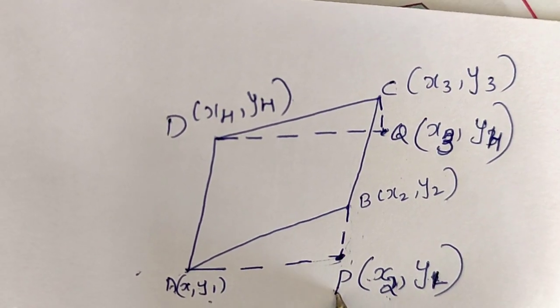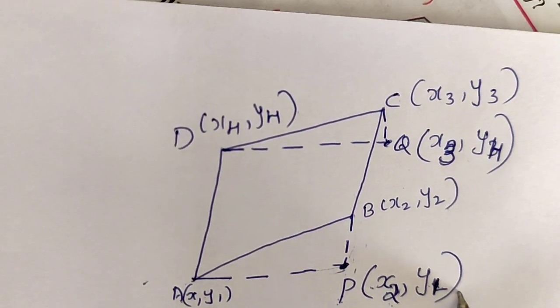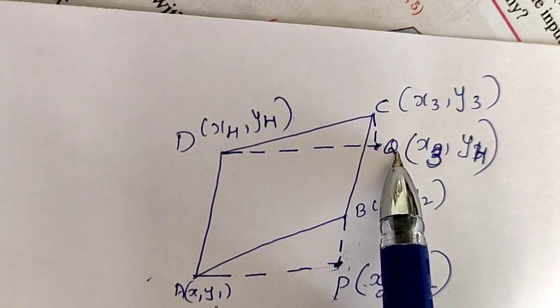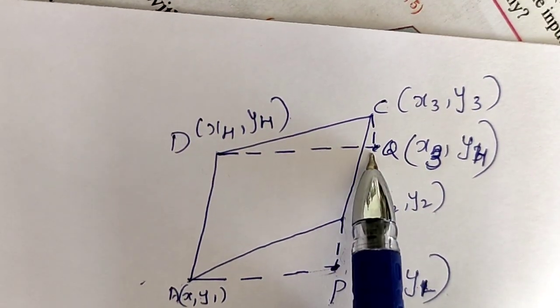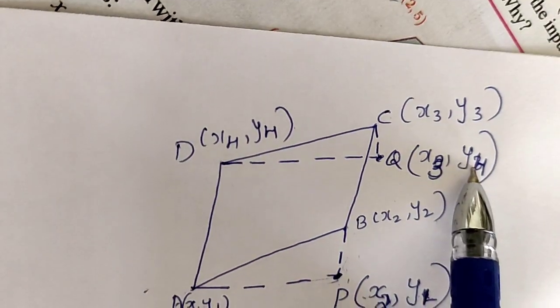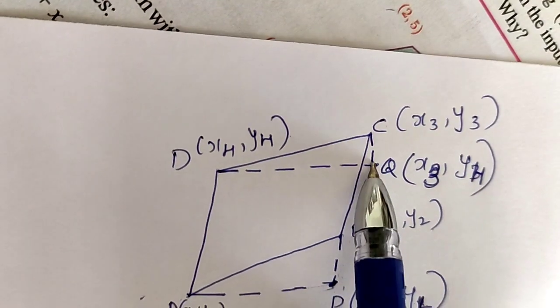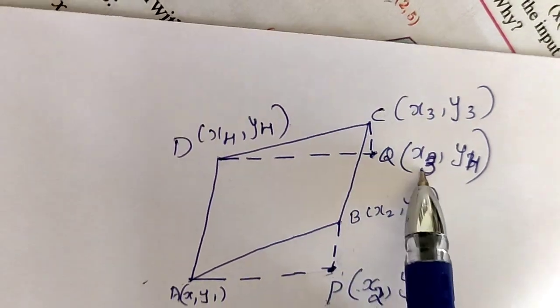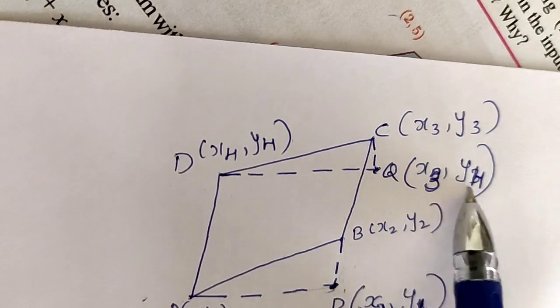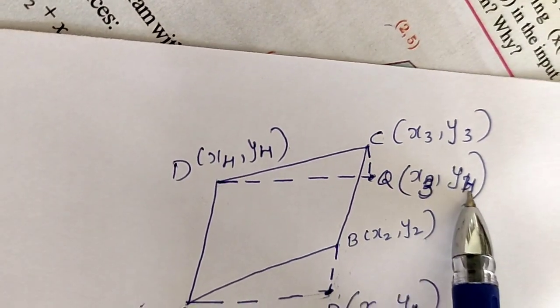Therefore, the coordinates of the point P are (x2, y1). Similarly, here we have the coordinates of Q. This line is parallel to the x-axis, so the y coordinates are the same, so y4, this one is also y4. And for this line, the x coordinates are the same because it is parallel to the y-axis. So its coordinates are (x3, y4).